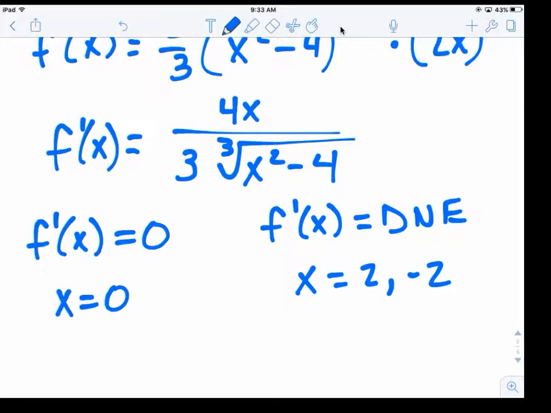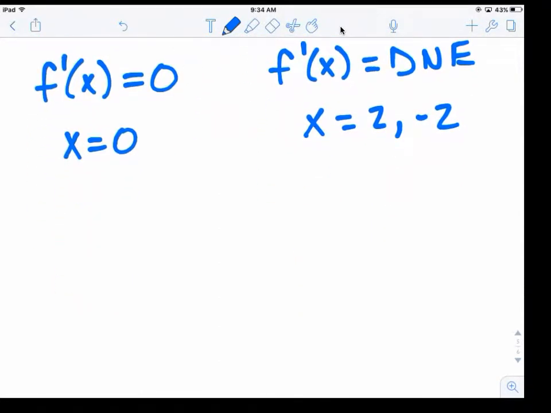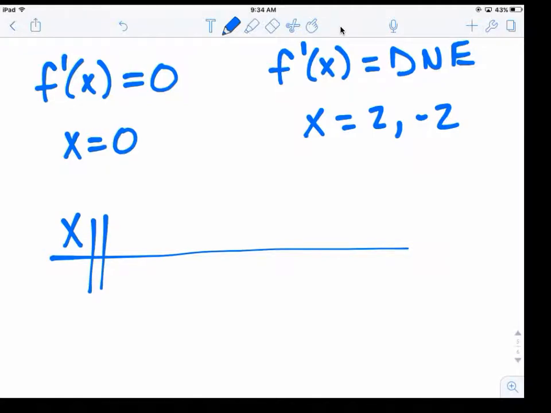And then it doesn't exist when you do the denominator, right? So if you set that equal to 0 and solve, you're good. Yeah, we're gonna have to test around 3 of them. Negative 2, 0, and 2.